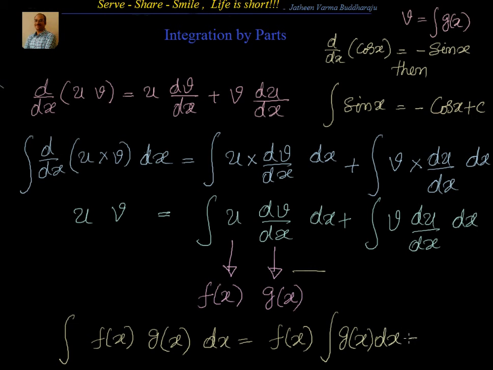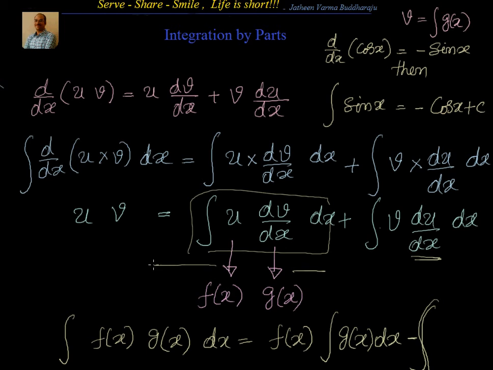Then after that we have minus, because we kept it on the one side and took this over to the left hand side. So we'll have minus of, again, an integral. Then after that I have v into du by dx. What is du by dx?